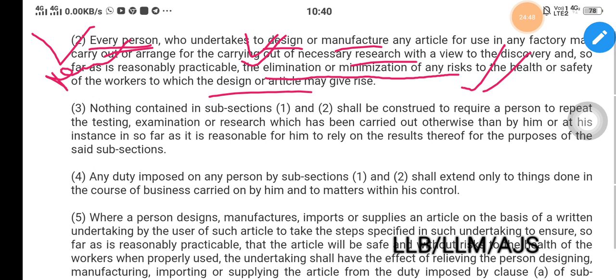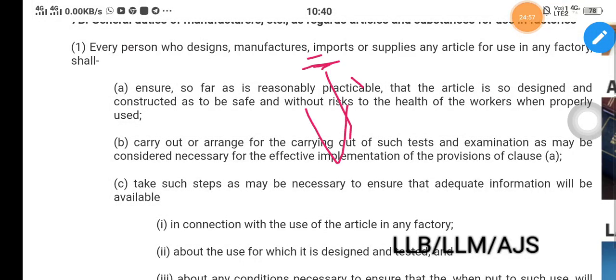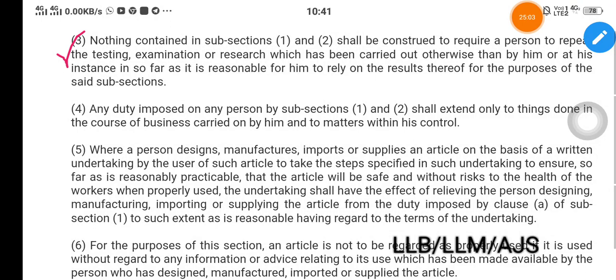So we have read the duties of the occupier, then duties of the manufacturers, and then duty of the persons who import such articles and suppliers. Then comes subsection 3. Nothing contained in subsection 1 and 2 shall be construed to require a person to repeat the testing, examination, or research which has been carried out otherwise by him or at his instance, insofar as it is reasonable for him to rely on such results for the purpose of the said subsections.